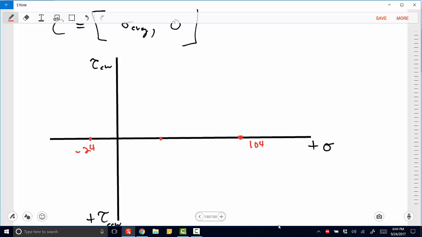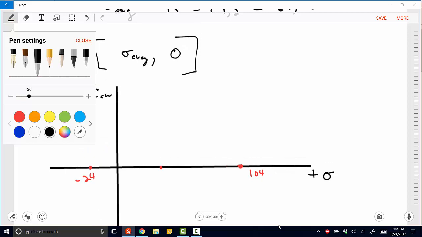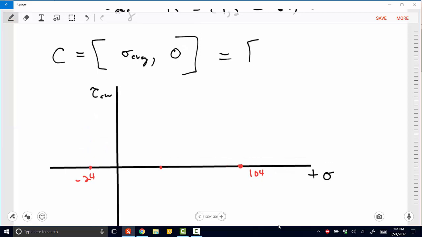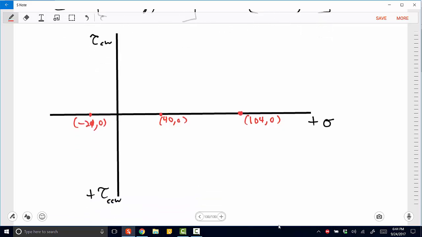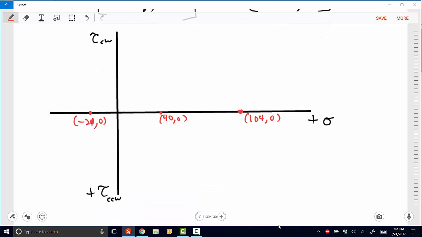Our center C is equal to 40 megapascal. All right? And let's put the zeros there so we remember where we're acting here. We're acting on the 0 y, right? And then what else do we know?